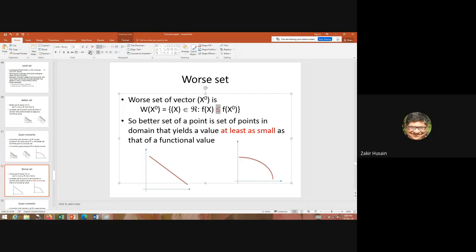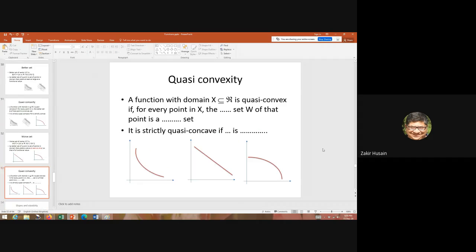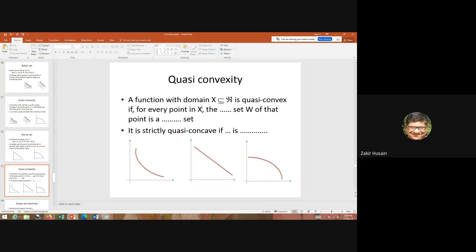Okay, just give me a moment, please. Okay. Therefore, how have I defined convexity?